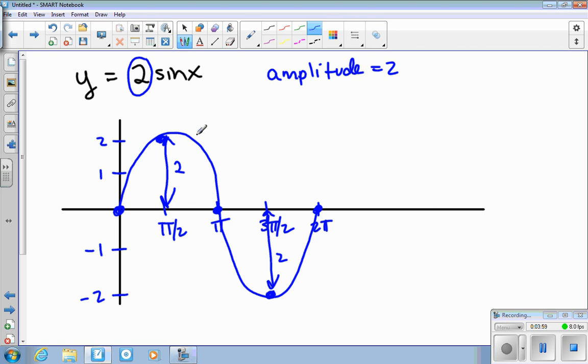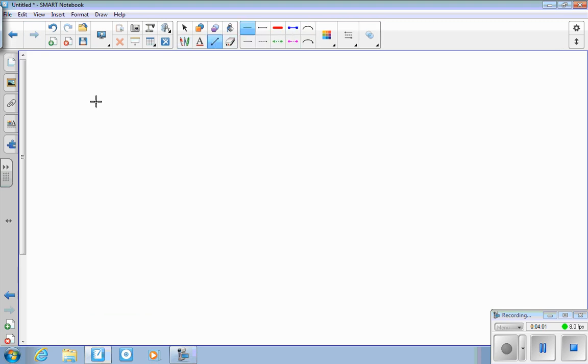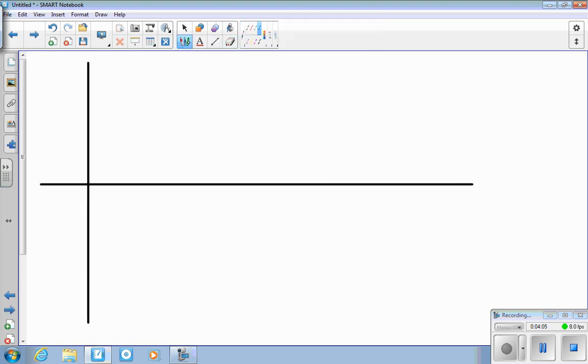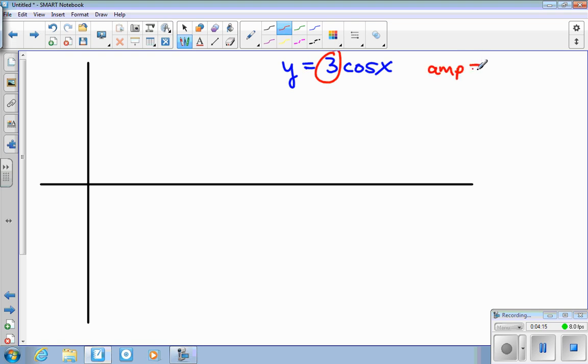So let's do a cosine one. If I were to do y equals 3 cosine of x. Again, this number out front governs the amplitude, so the amplitude is going to be equal to 3. Same markings, pi over 2, pi, 3 pi over 2, and 2 pi.